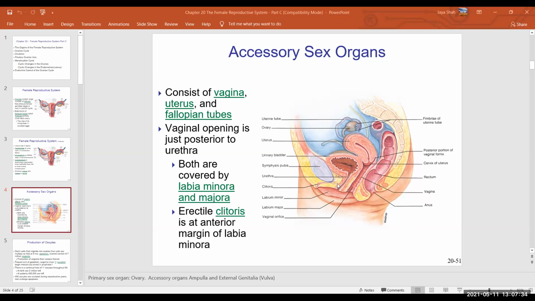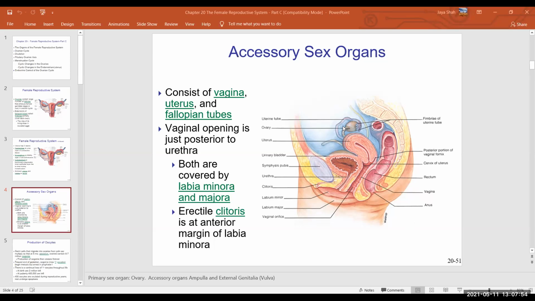And here you have the half section of the right side of the body, and you are looking from the left side towards the right half of the body, medial body. So this is posterior, this is anterior.